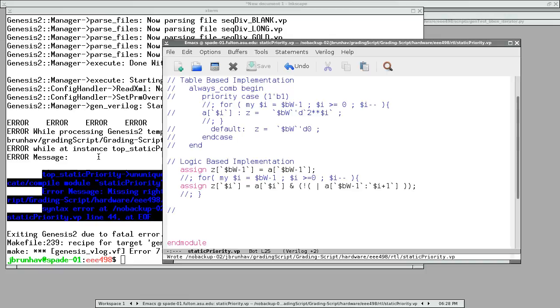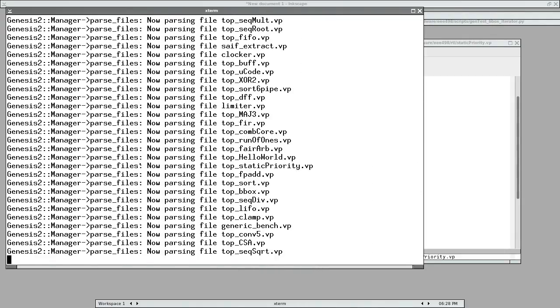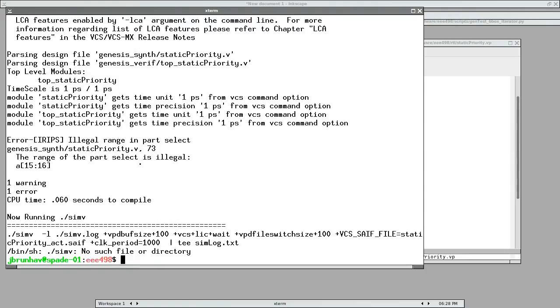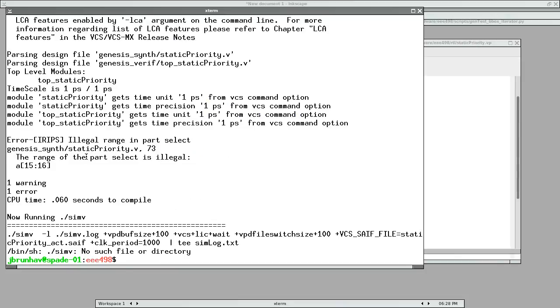This is the curly brace we're missing. Ooh, cannot select 15 to 16. So this actually needs to start at BW minus 2. There we go.